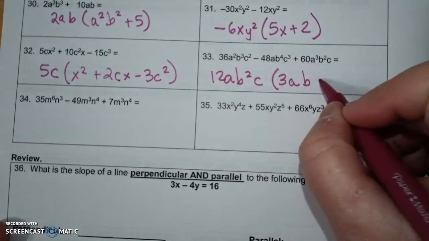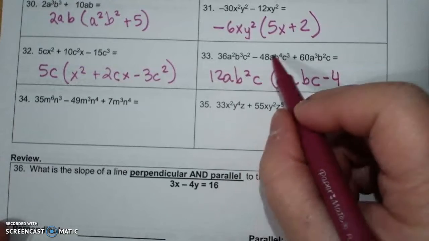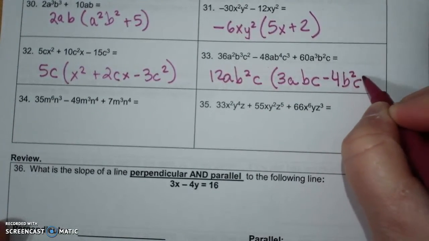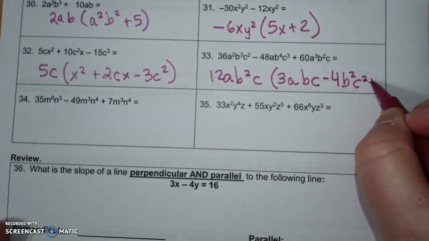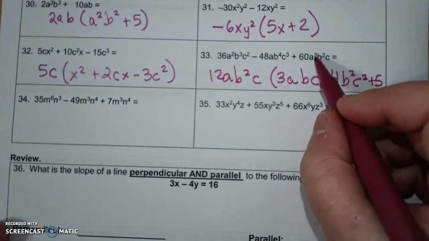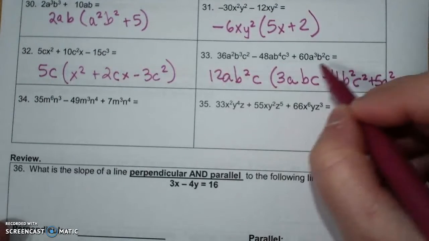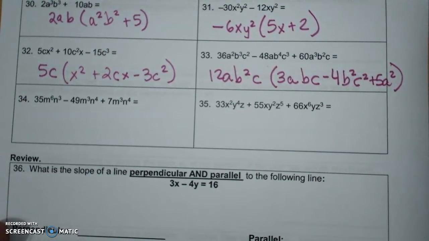C squared c gives me a c. Minus 4. There's the a. B squared, c squared. 60 divided by 12 is positive 5. A cubed a is a squared. B squared, cc, so it goes like that.